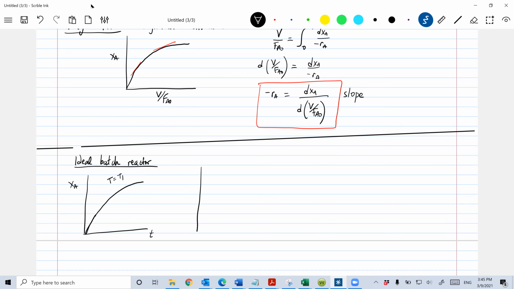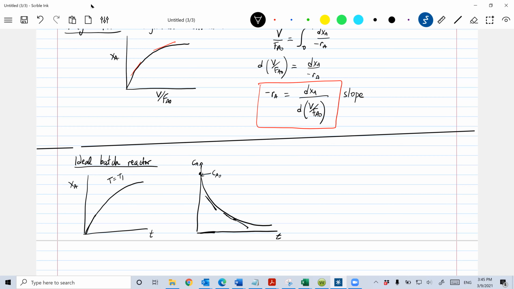If you do a different temperature, you get a different profile. So you could also get a system where this is concentration as a function of time, and you can get the slopes or RAs.